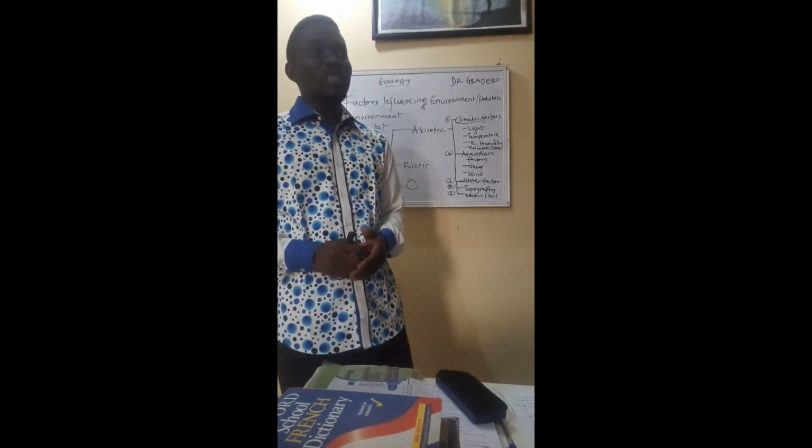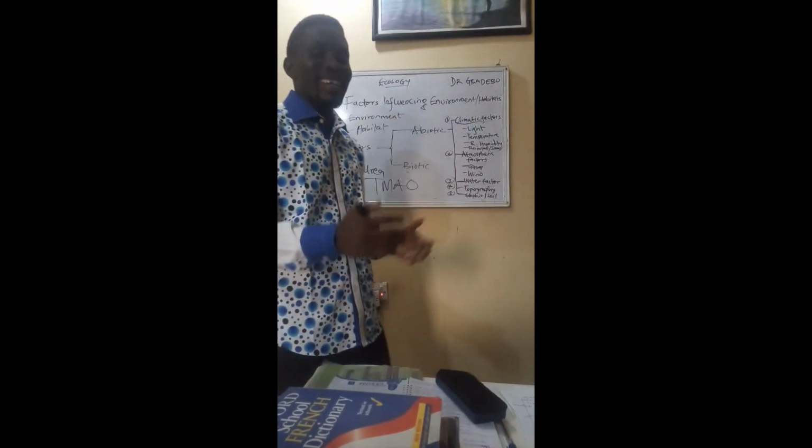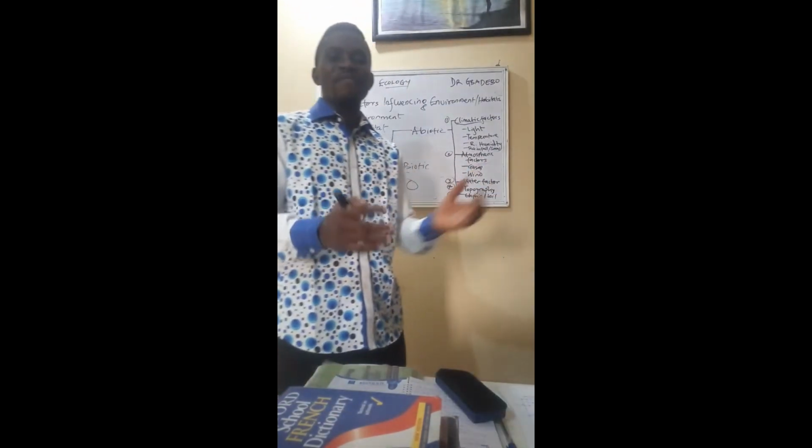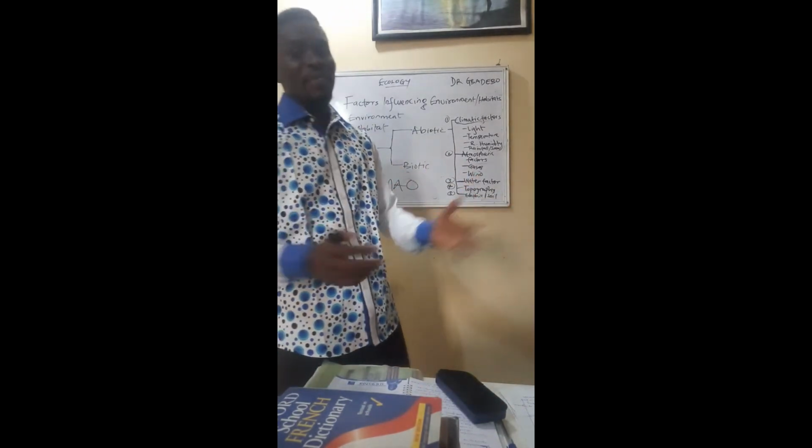Whereas if you go to the arid desert, you will see lowlands full of sand. So topography also affects the survival of organisms in an environment, and decides the type of organism that can survive there.